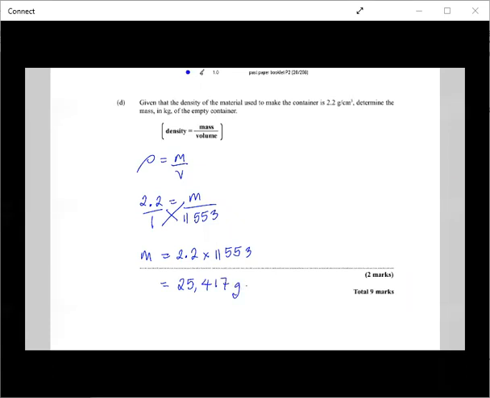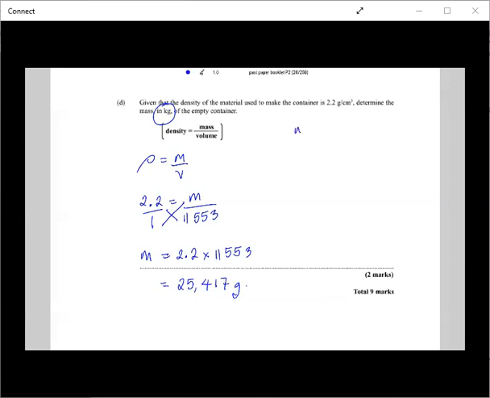Why grams? Because the density is grams per centimeter cubed, so the mass must be in grams. But the examiner wants the answer in kilograms. It is 1,000 grams that equal a kilogram.